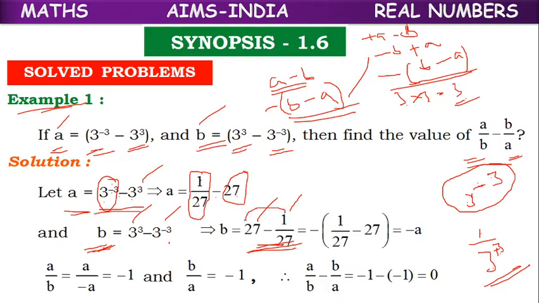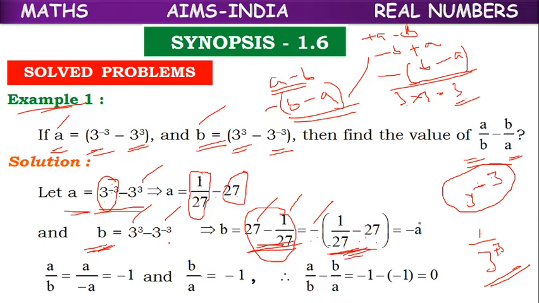So here we have a minus b, which can be written as minus of b minus a, or we can change their places and keep minus outside.